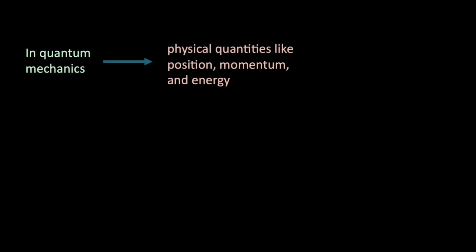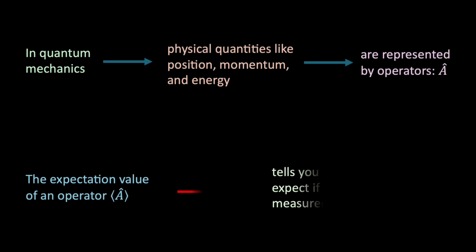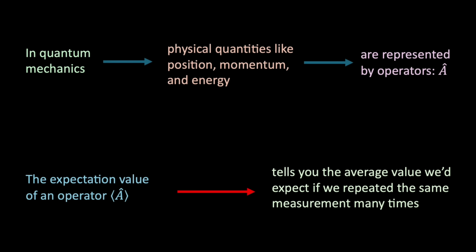In quantum mechanics, physical quantities like position, momentum, and energy are represented by operators. We usually denote these with a hat, so we might write a hat to represent some generic observable. Each operator has something called the expectation value, which tells us the average value we would expect if we repeated the same measurement many times on identically prepared systems.